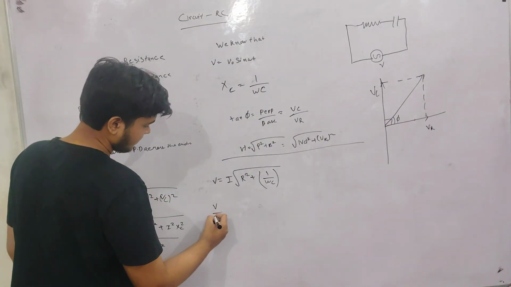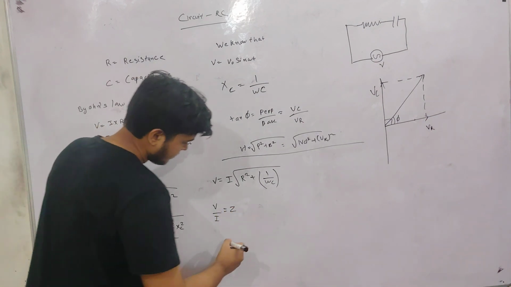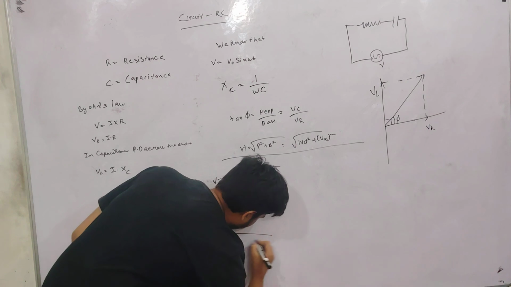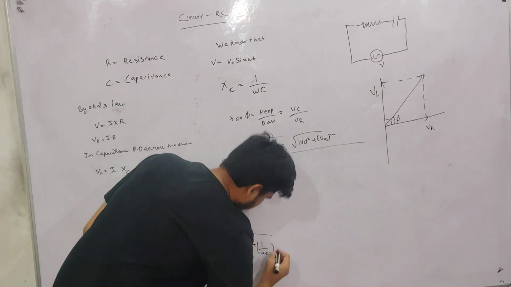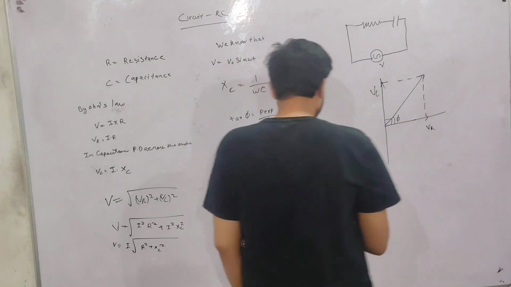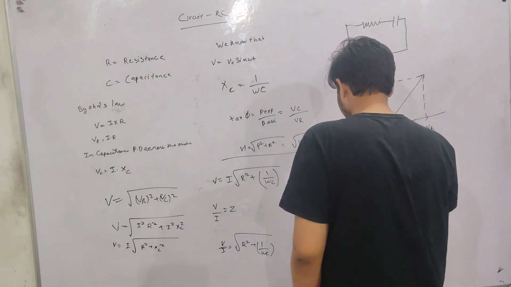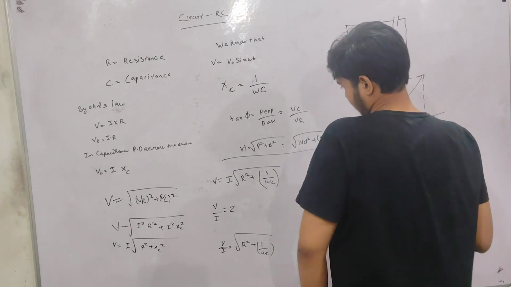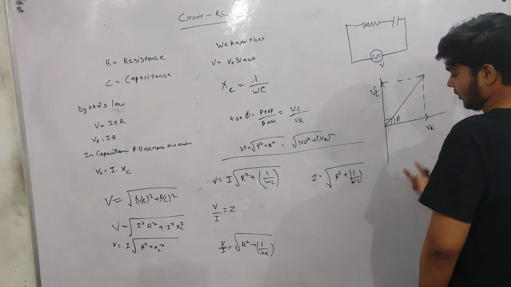Now for impedance we know that V by I equals Z. So V by I equals under root R square plus 1 by omega C whole square. So we can also say that impedance Z equals under root R square plus 1 by omega C whole square. And here we can use 1 by omega C or XC depending upon the question.